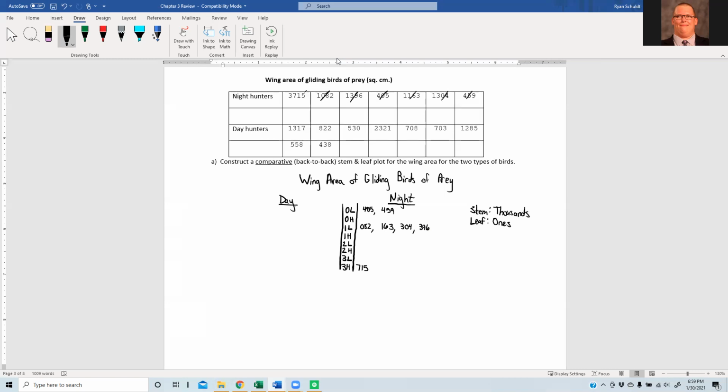Especially when we take into account the day hunters. So day hunters, do I have any low no thousands? I have this 438. Then I go to the high.